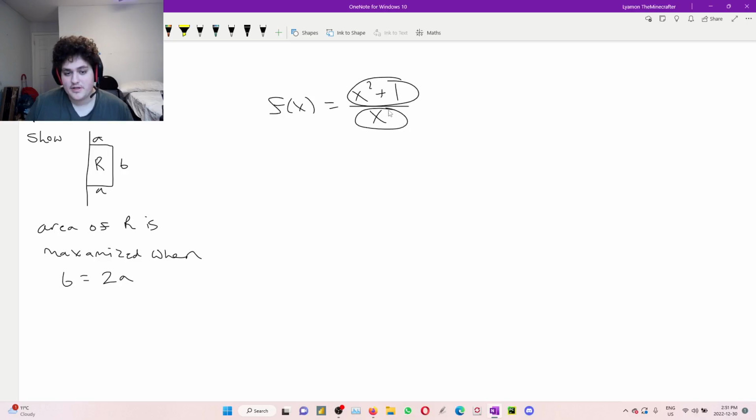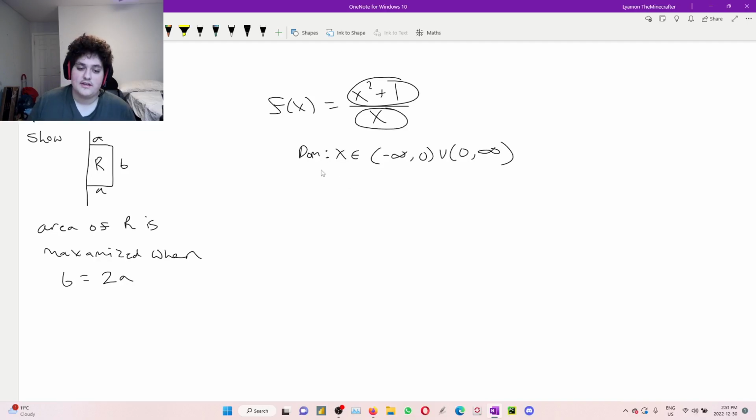The only way a real number over a real number is not going to give you a real number is where you're dividing by 0. So our domain is just going to be like this.